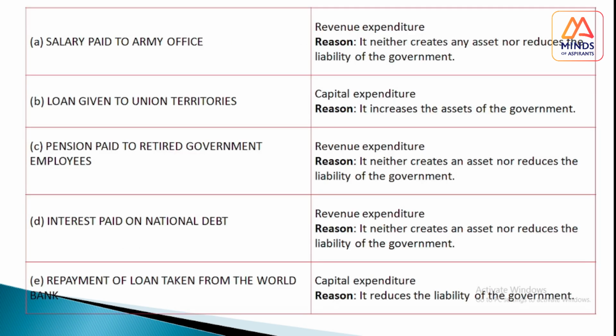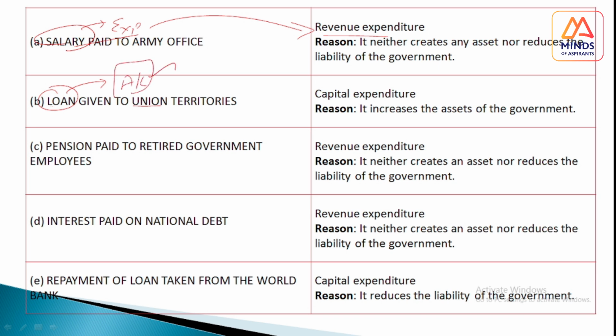See, salaries paid to army officers. Salaries are obviously an expenditure, and salaries don't have any impact on assets and liabilities, so obviously it comes under revenue expenditure. The second item is loans given to the union territory. For a loan, the first rule is to see whether there is an asset or liability impact.